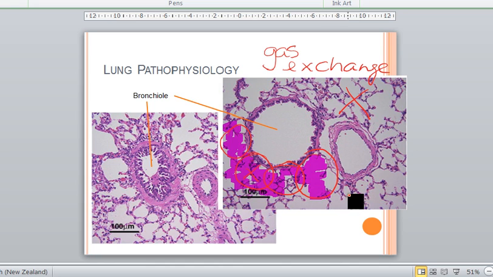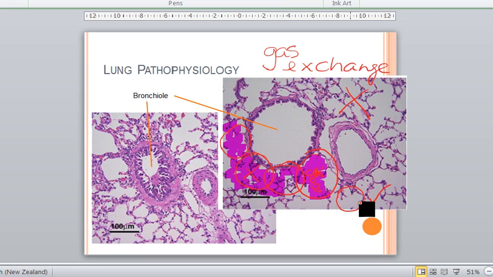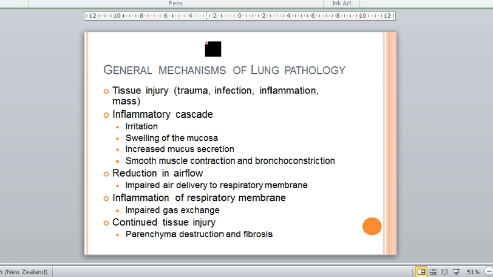Therefore, the alveoli sitting next to the area affected are normal, but they don't have enough room to expand anymore, because now you have this fibrosis over here. So the fibrosis is actually restricting the ability of the normal alveoli that are still left to expand. So this is a restrictive condition.